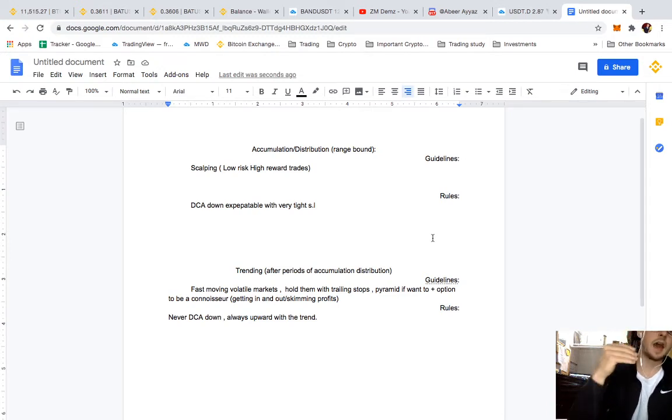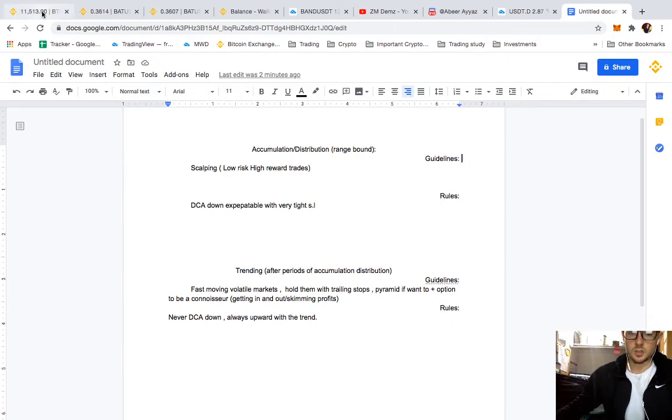But realistically, I have 2 laid out right here that you have to determine, and it's quite obvious sometimes to understand if we're in accumulation, distribution or decision mode, or if we're in a trending market, which is quite obvious. Is it going up or is it going sideways or down, right?